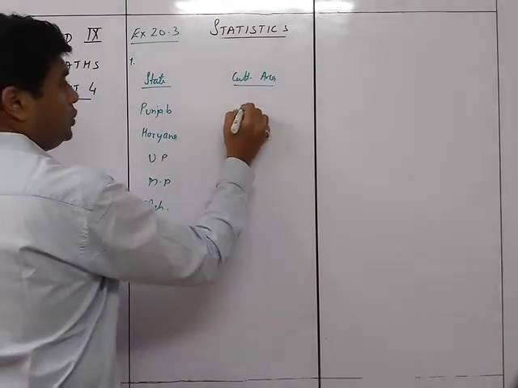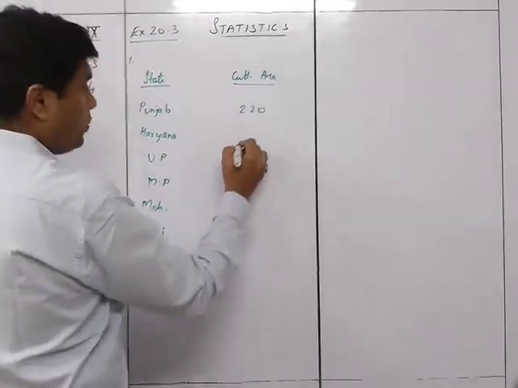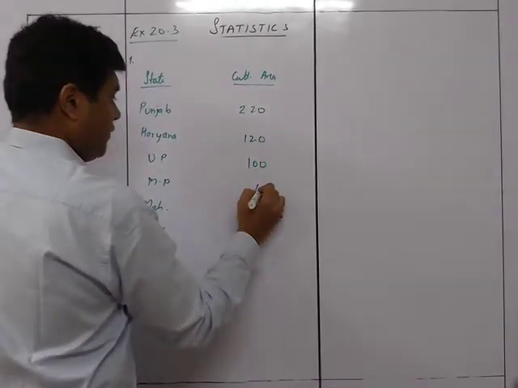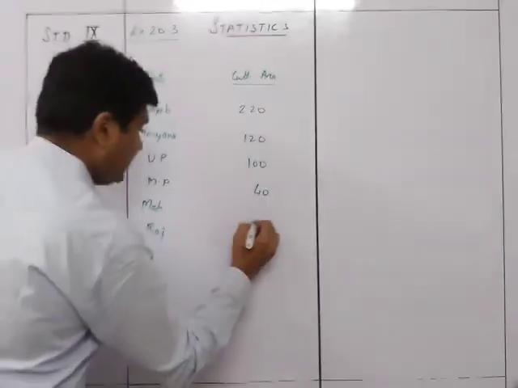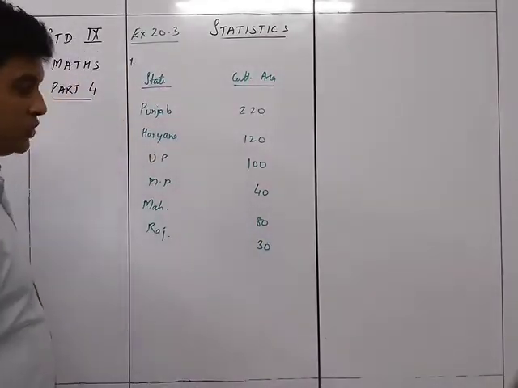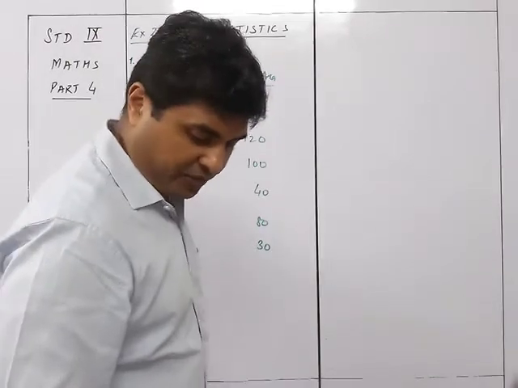The values are 220, 120, 100, 40, 80, 30. So we are going to plot a bar graph for this one.